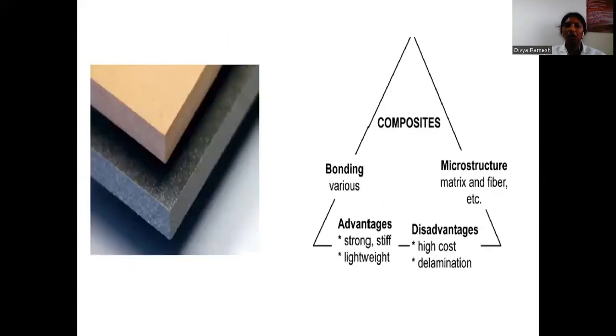The major drawback of these materials will be a high cost, because a number of processes and stages are involved in combining n number of materials to form a single composite material. So the cost of composites will be high, and the other major drawback is delamination. Delamination means that once the material is used in a specific application, under aging, it starts to separate layer by layer.